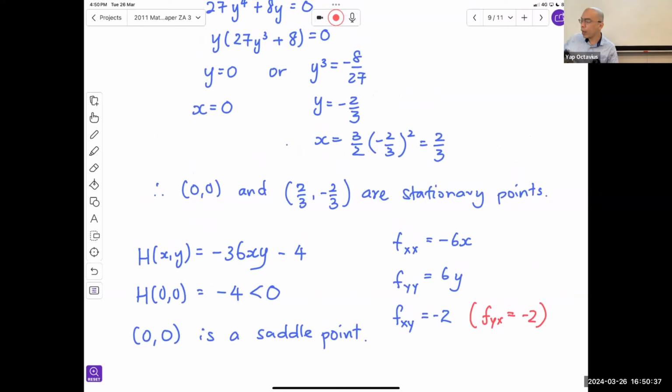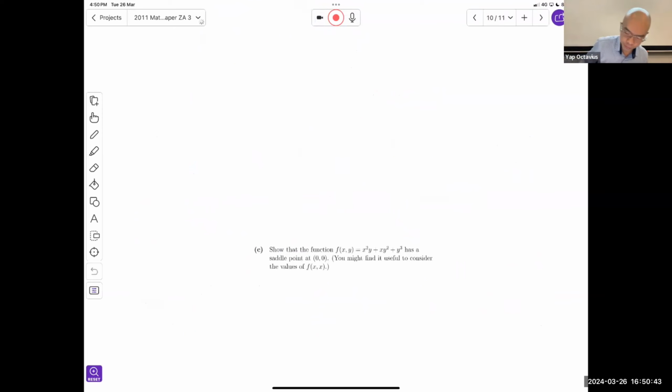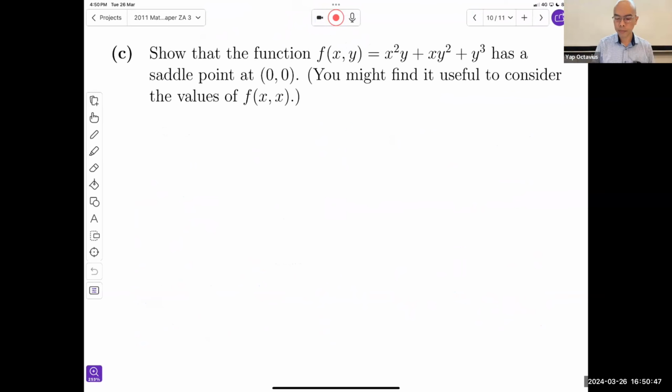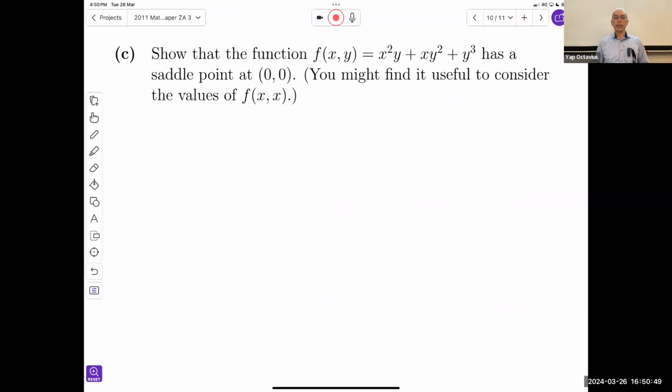Now the next one is a little bit more challenging. Actually, I don't know what the extent is, or whether they want us to show that this is the stationary point. Usually to show, we have to find.